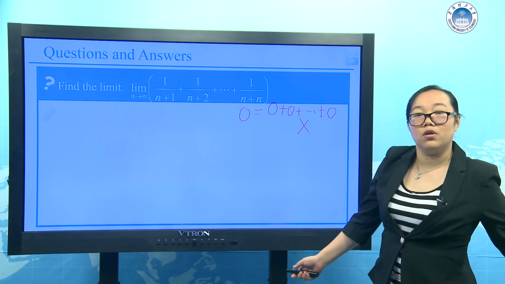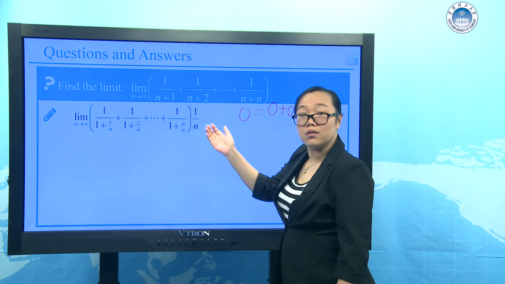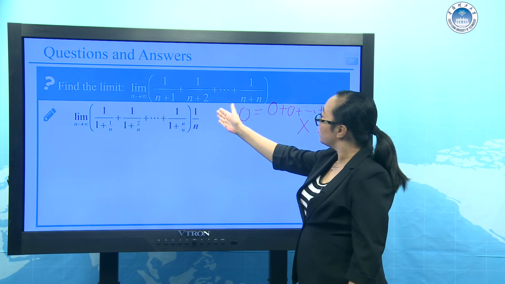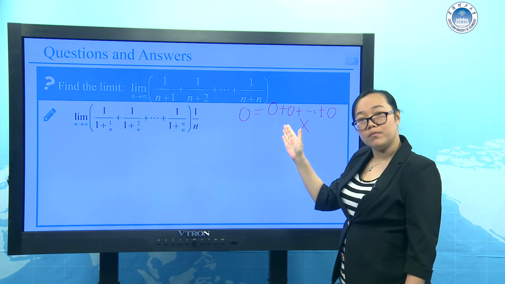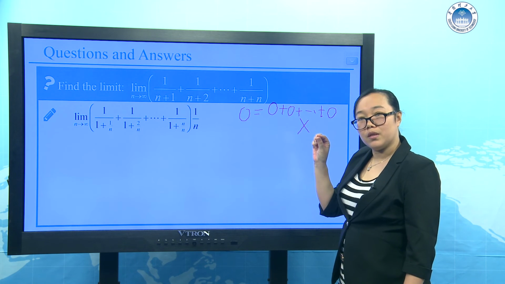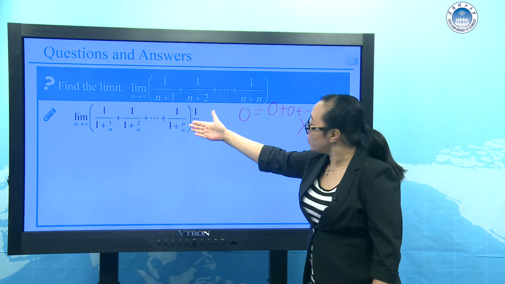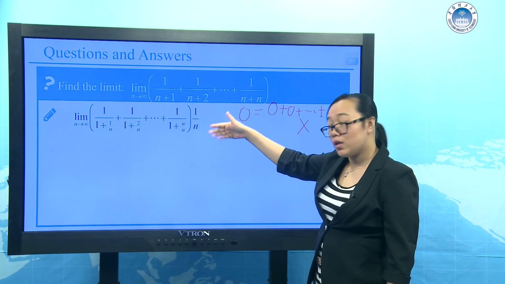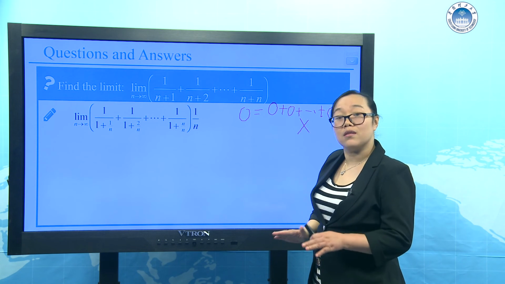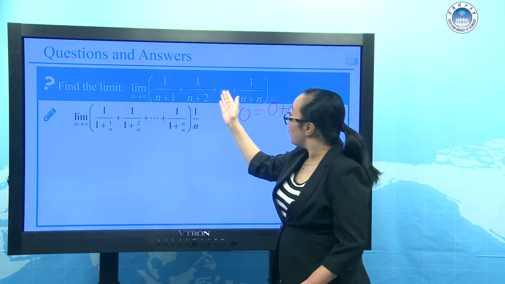Now how to do it? We have the following idea. We can write the limit in this expression. Pay attention to n plus 1, n plus 2, until n plus n. Think about the integral summation: f(ξi) times Δxi. So we can write Δxi as 1 over n. How to write it as 1 over n? Take n out of every term.